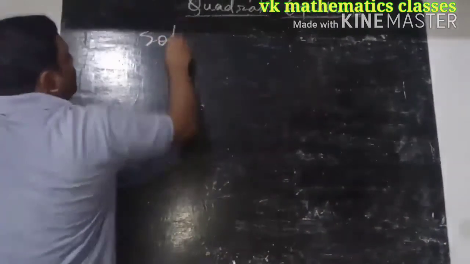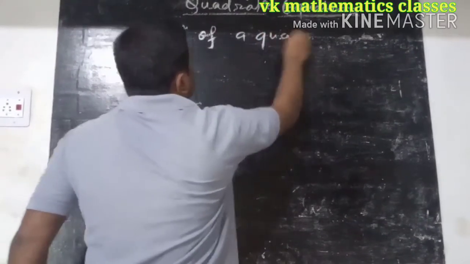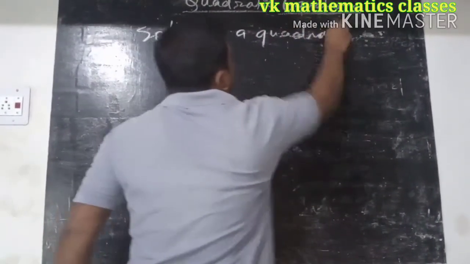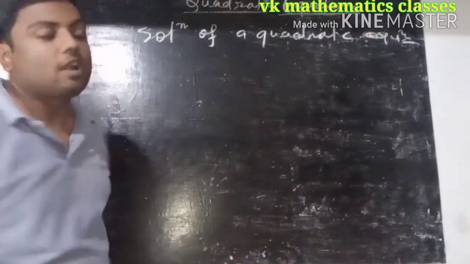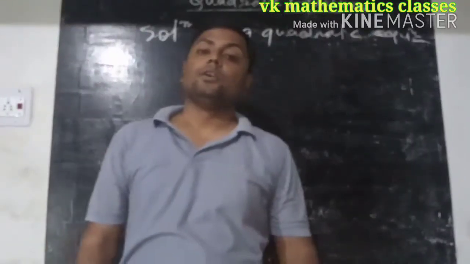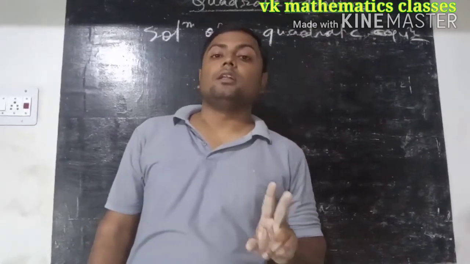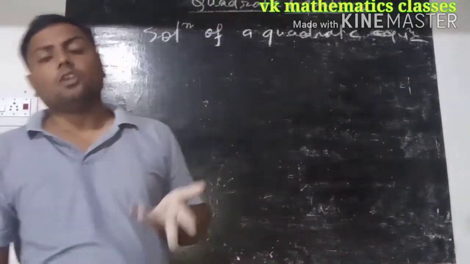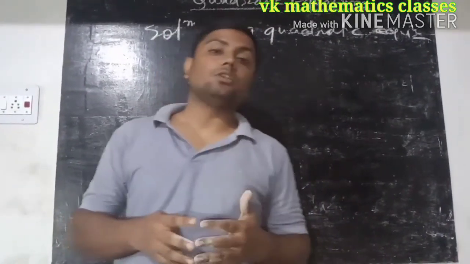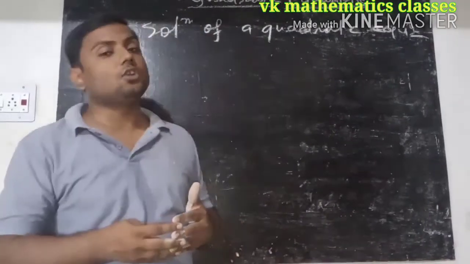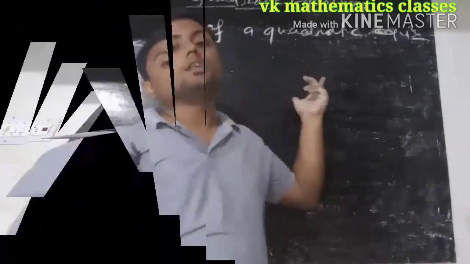The highest power of a quadratic equation is 2, so it has two real roots, which may be equal or not equal. It is not mentioned here, but in the next class we discuss the discriminant, which tells us the nature of the roots. So in this class we read about the solution of a quadratic equation.